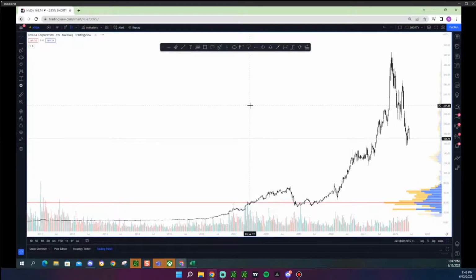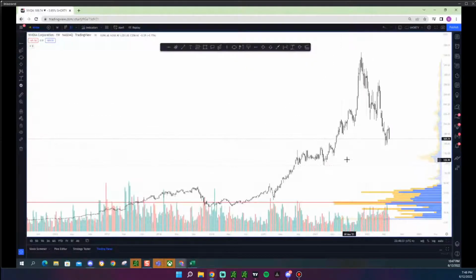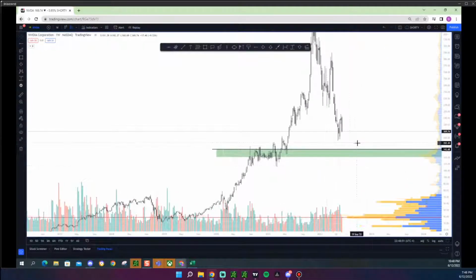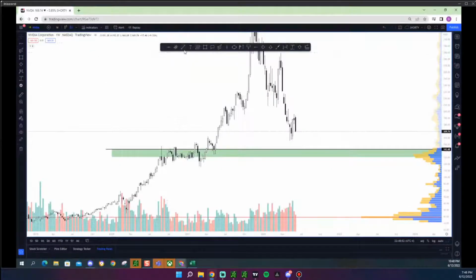Nvidia probably 150s. Yeah, Nvidia needs to go to 150s. Yep. Nvidia's headed to 135, so this might be an easy short. It might get my interest because I used to trade this stock religiously. The only stock I ever traded. I hope they do not break this right here tomorrow.